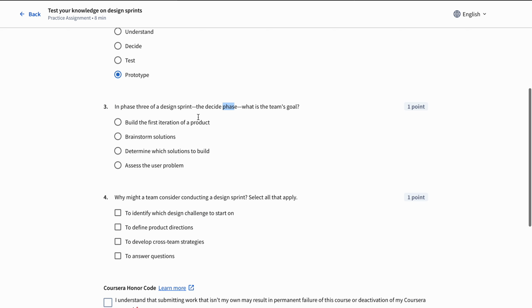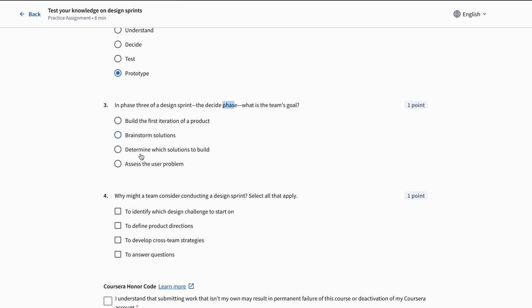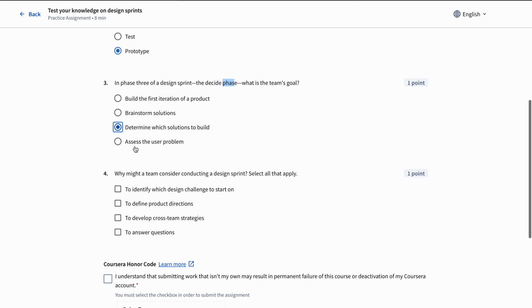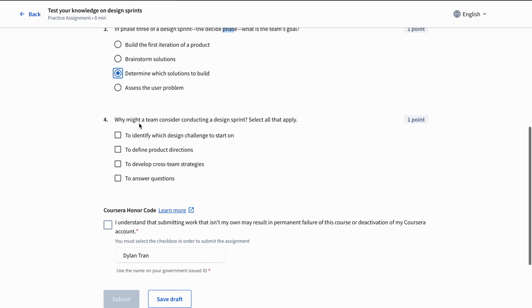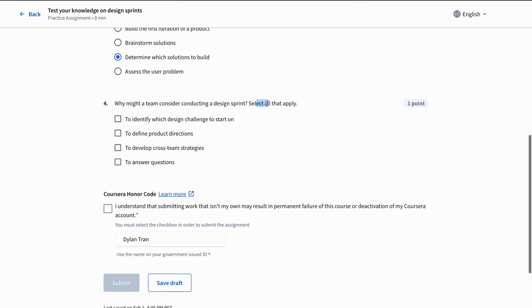The design phase, what's the team goal? Why might a team consider conducting a design sprint? To develop a cross team strategy, to identify what the design centers around.